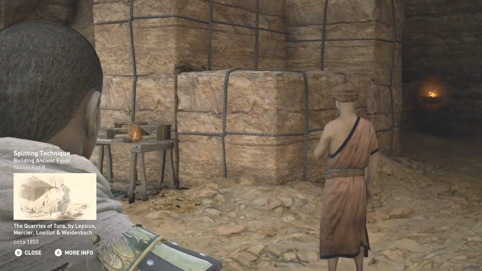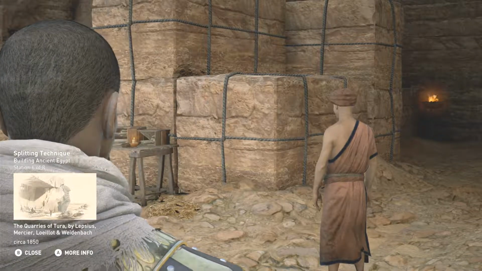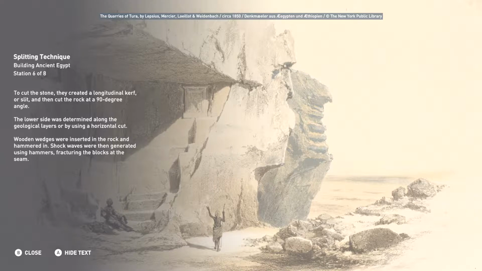To cut the stone, they created a longitudinal kerf, or slit, and then cut the rock at a 90-degree angle. The lower side was determined along the geological layers or by using a horizontal cut. Wooden wedges were inserted in the rock and hammered in.